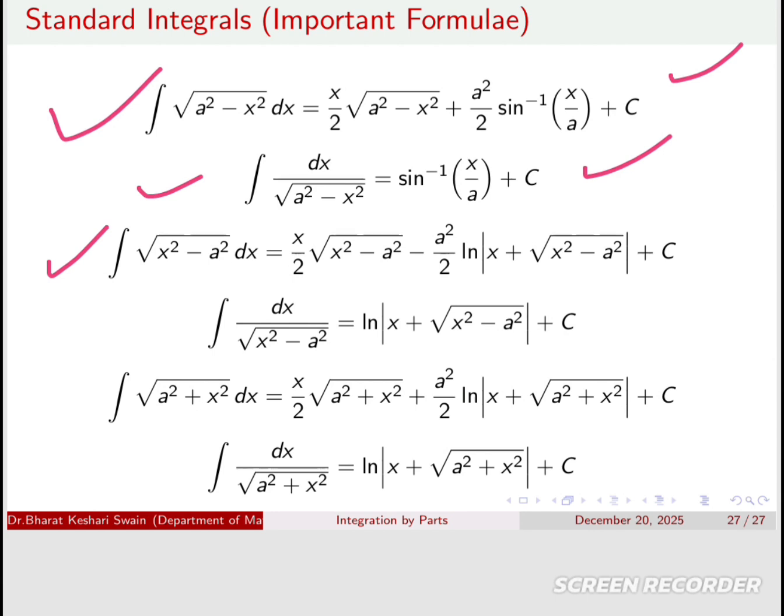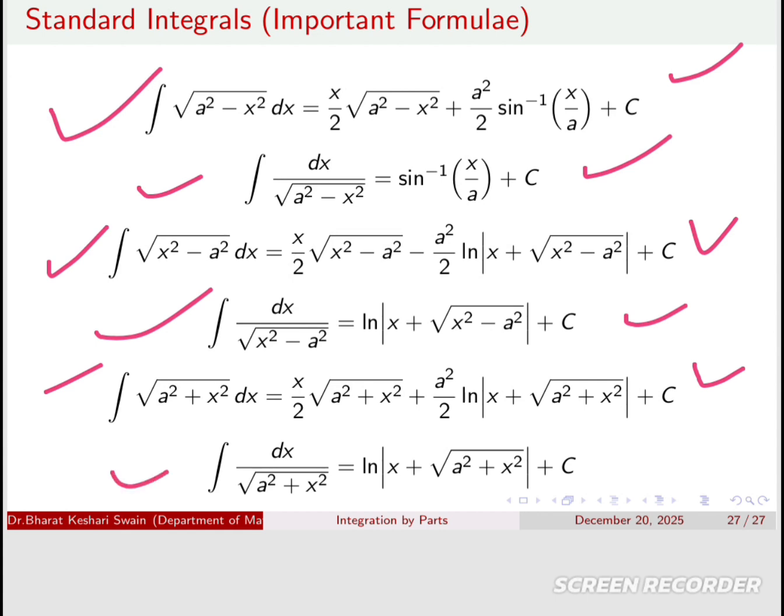Integration of dx by root over x square minus a square will be ln x plus root over x square minus a square plus c. Then integration of root over a square plus x square dx will be x by 2 root over a square plus x square plus a square by 2 ln x plus root over a square plus x square plus c.